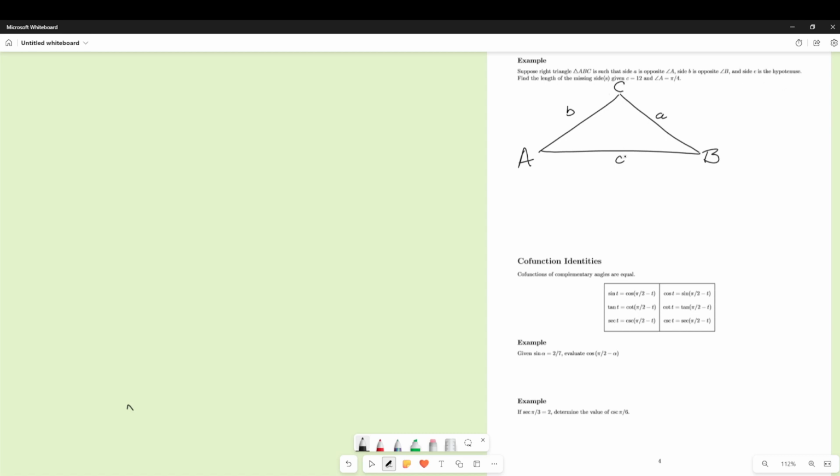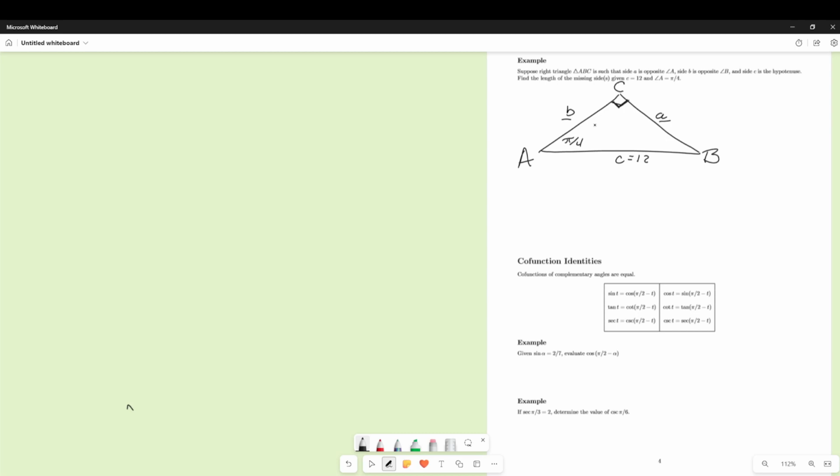C is our hypotenuse, so that means that's a right angle. And we're told that length C is equal to 12, and angle A is pi over 4 radians. We're then asked to find the lengths of the missing sides, so we want these two sides.